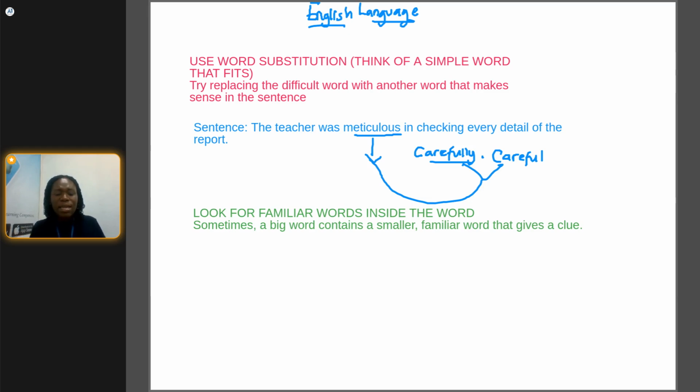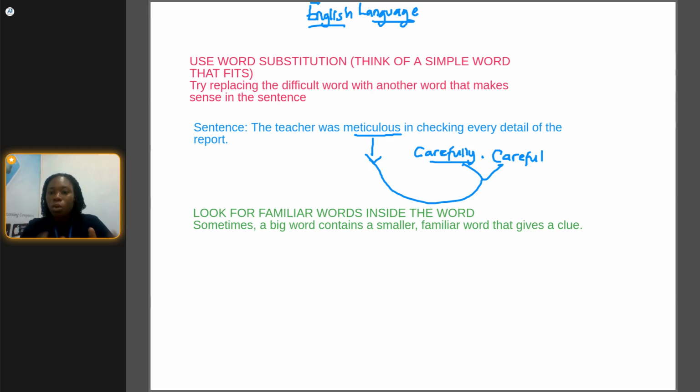But if you can see some words and then you see a familiar word in it, you can definitely use a trick of giving a meaning to your familiar word to determine that big word. So, like I said, sometimes a big word contains a smaller familiar word that gives a clue. Now, the smaller word will not tell you what that big word means. It's going to give you a clue.